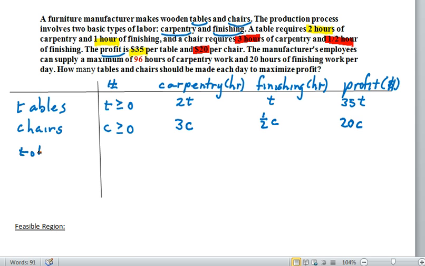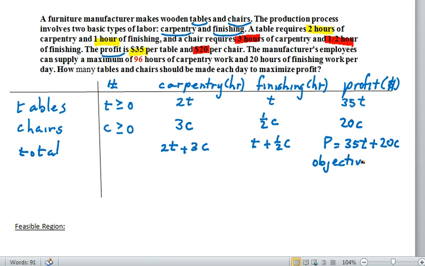We can total these so that we get 2T plus 3C as the number of hours for carpentry, T plus 1/2 C as the number of hours for finishing, and the profit of 35T plus 20C. This is what is called the objective function. It is the function that we are trying to maximize.